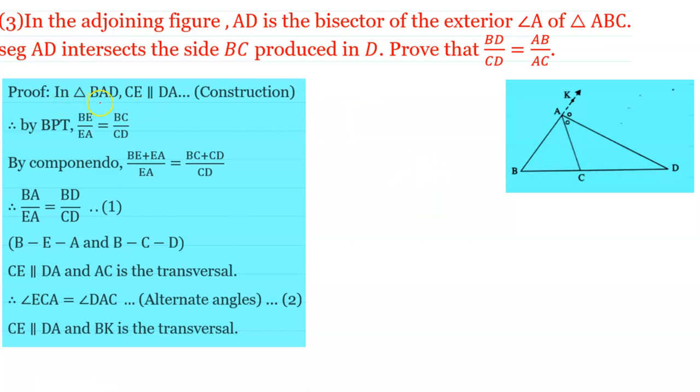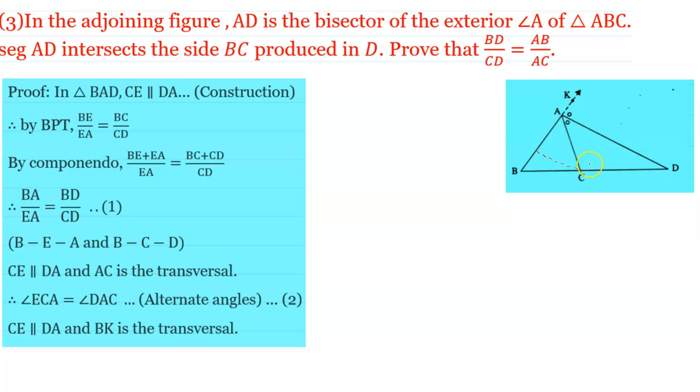Now here, in triangle BAD, consider the triangle BAD. Next, CE is parallel to DA. Therefore, we draw here one line which is parallel to DA or AD.